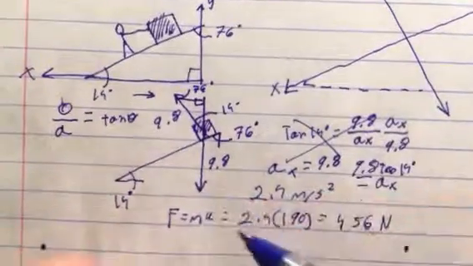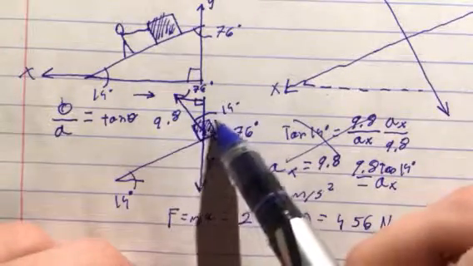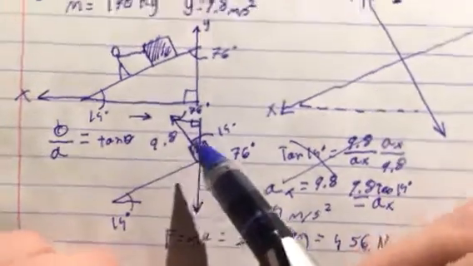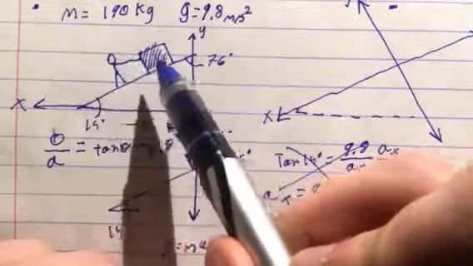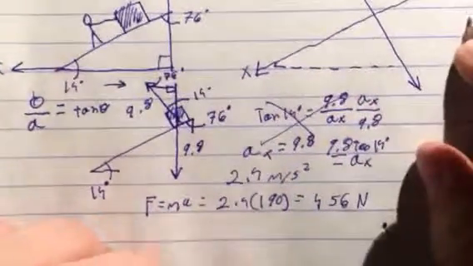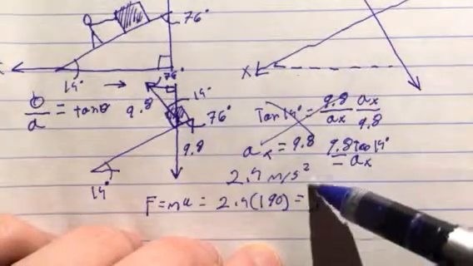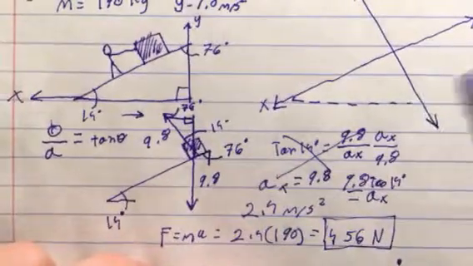And we know that for every action there is an equal and opposite reaction. That's the force due to gravity pushing along the x-axis. If this block is to not move, the man must push with an equal amount of force along the x-axis. So we know that 456 newtons is our answer.